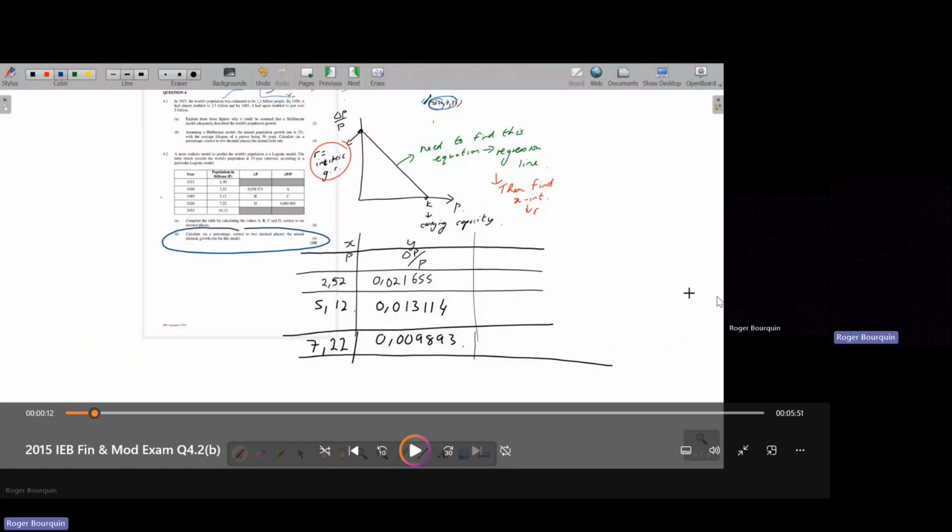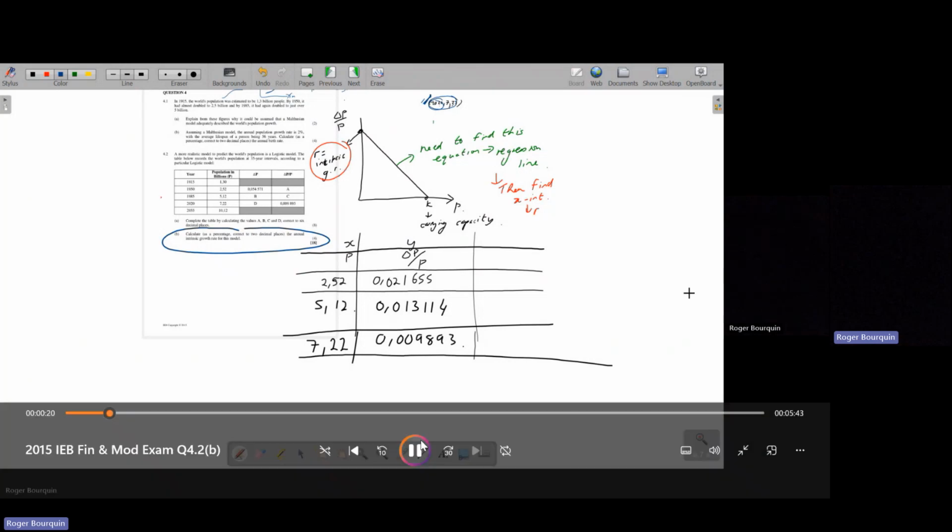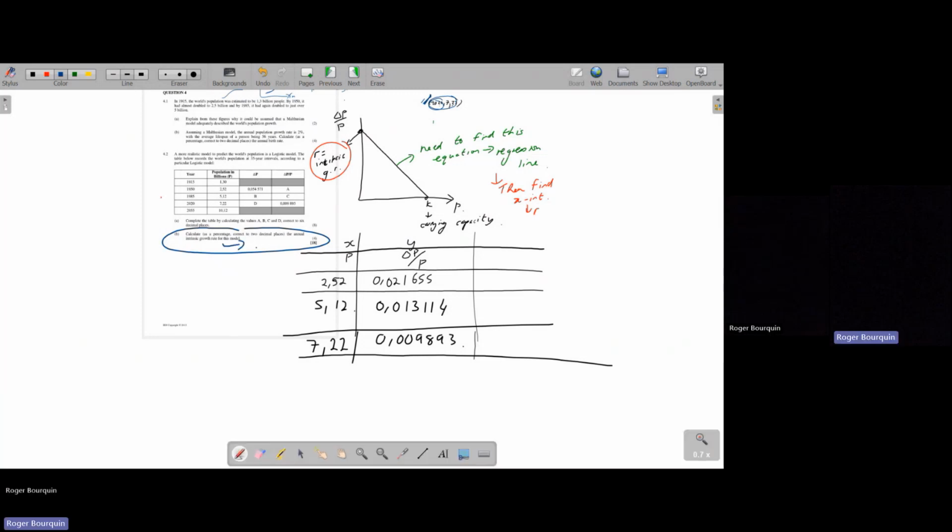So you've got a logistic model, and remember that if you plot a graph of population against logistic growth rate, the question was to find the intrinsic growth rate, which is R.